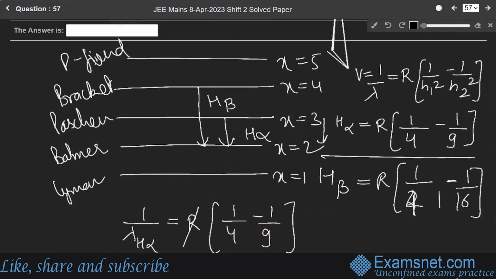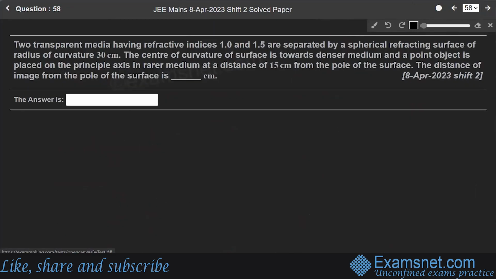Okay. Now moving towards our next question, question number 58. This question says that two transparent media having refractive indices 1.0 and 1.5 are separated by a spherical refracting surface of radius of curvature 30 centimeter.